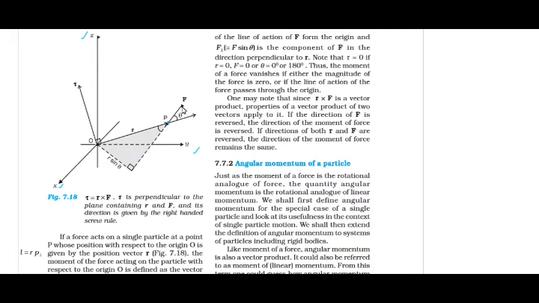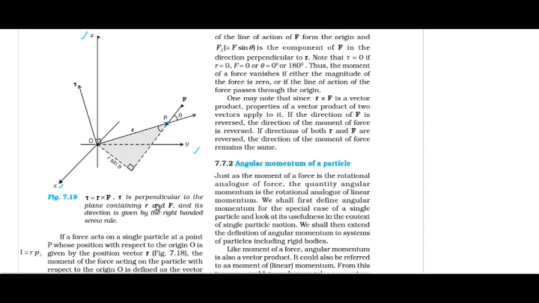F is acting in this direction, which makes an angle theta with the position vector r. The position vector r represents the point P's position from the origin O. This all explains the figure.